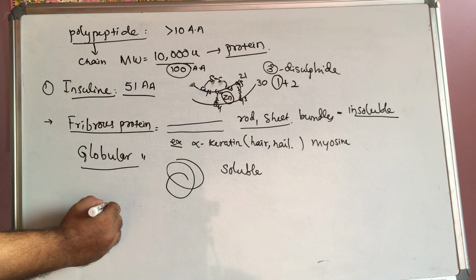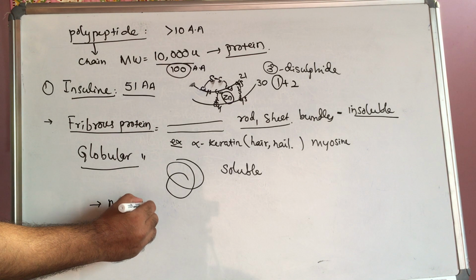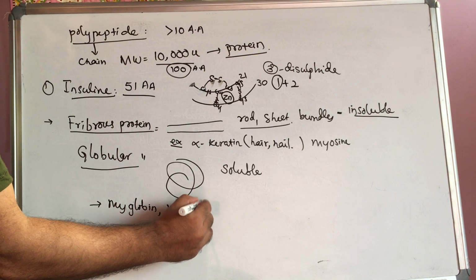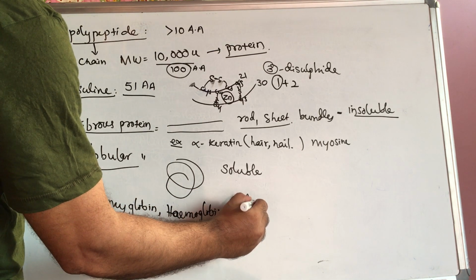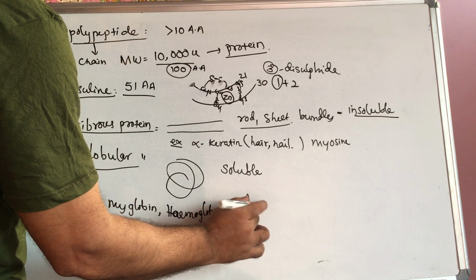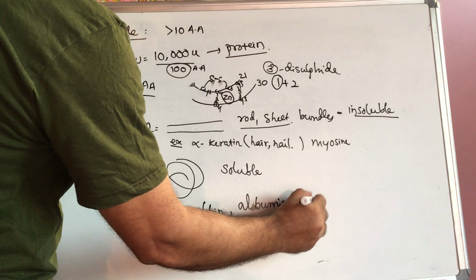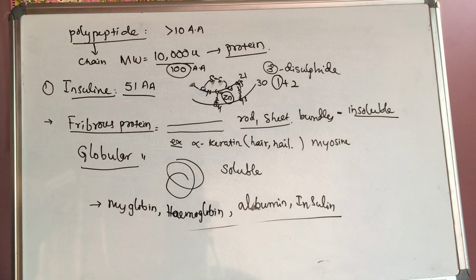Myoglobin, hemoglobin, albumin, and insulin. These are the examples they ask in competitive exams. You have to remember.